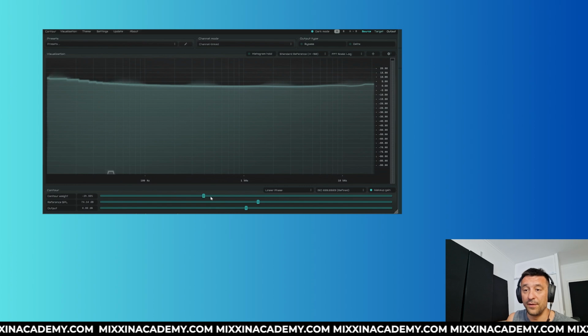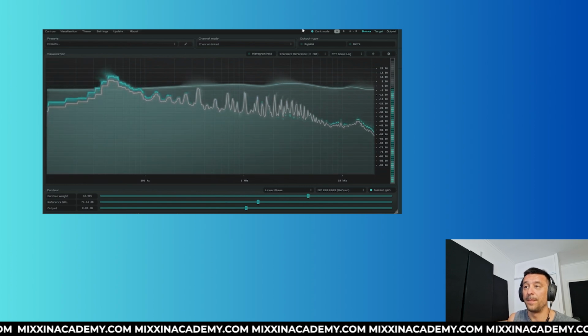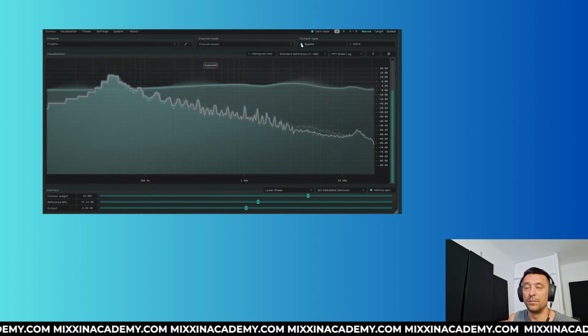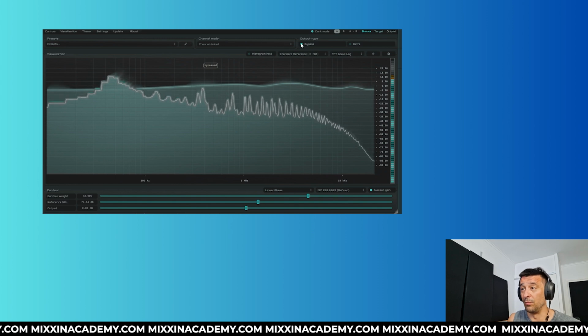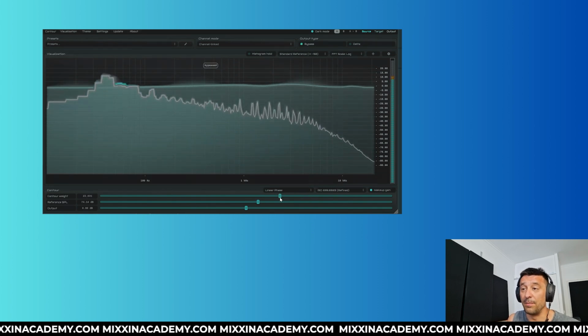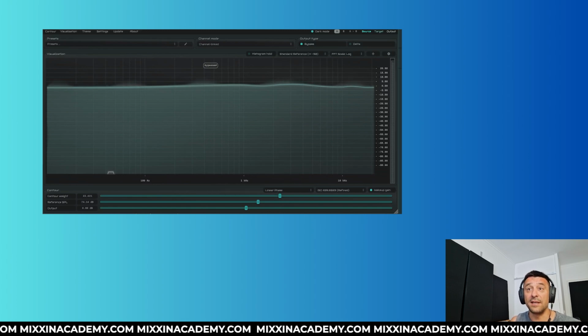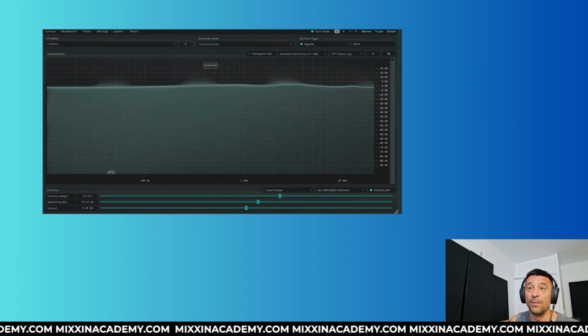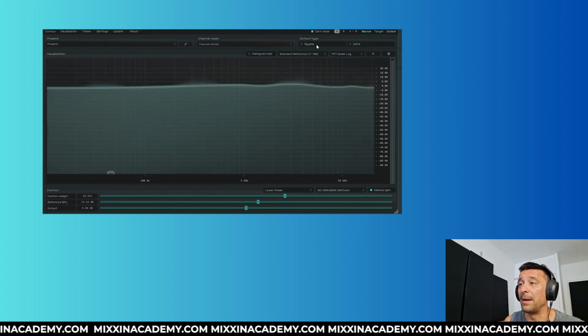So let me show you the difference. See, the bass was almost gone. It is a big difference, but you don't have to make it so big. But you could apply this, let's say, to your synthesizers like so. Let's try this part and unbypass it.